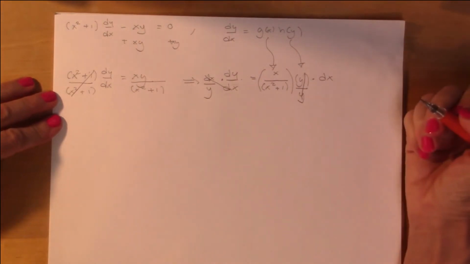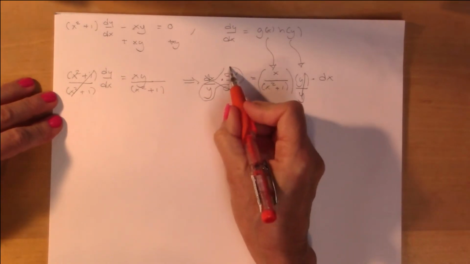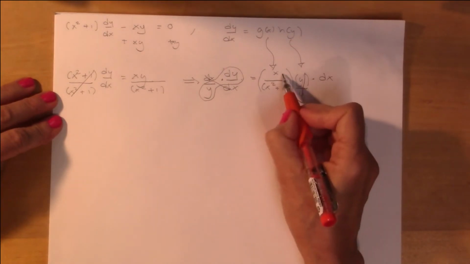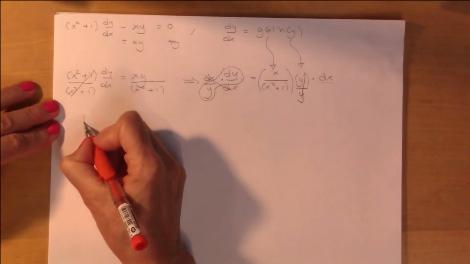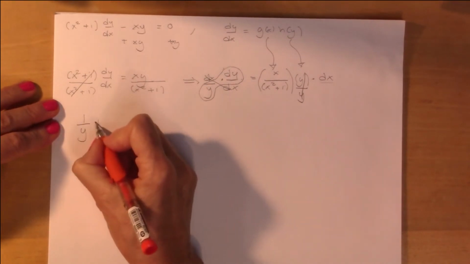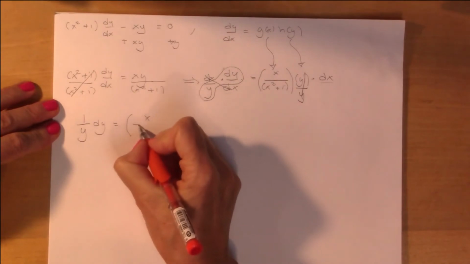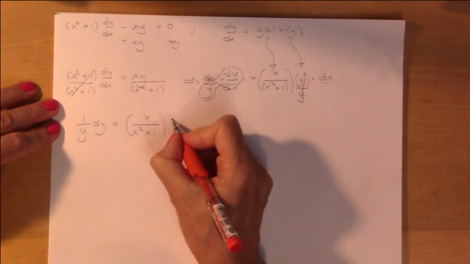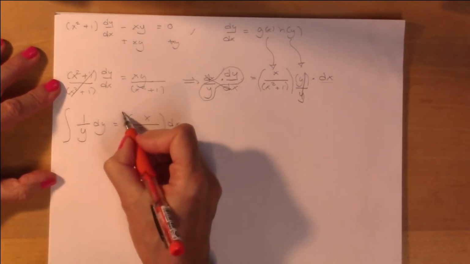Then these cancel. Then on this side, we have 1 over y dy. And on the right side, we have a function of x dx. So let me write that so it looks a little nicer: 1 over y dy equals x over x squared plus 1 dx.